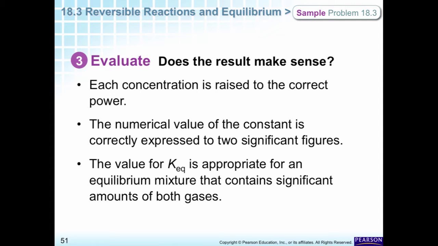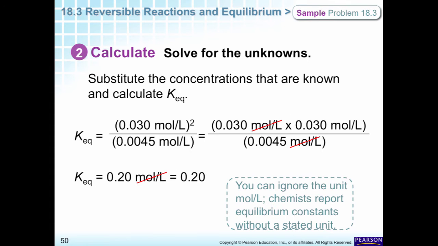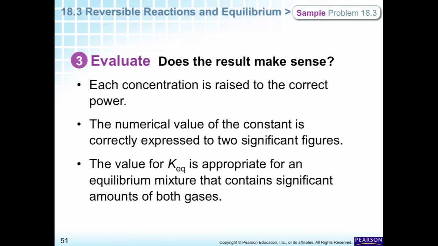Now we can ask ourselves, does the result make sense? If you raise to the correct power, and you have 2 significant figures, it's appropriate for an equilibrium mixture that contains significant amounts of both gases. It's somewhere between 0.15 and 50.